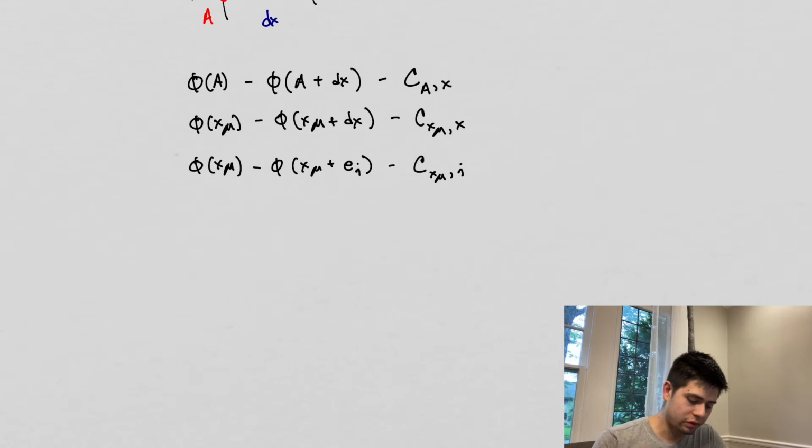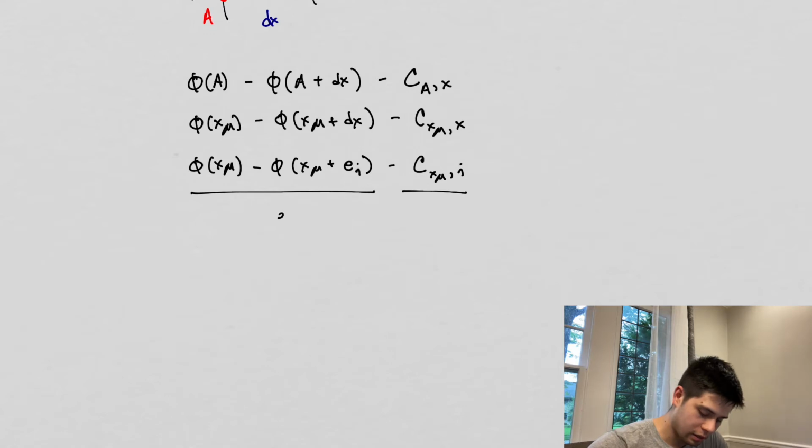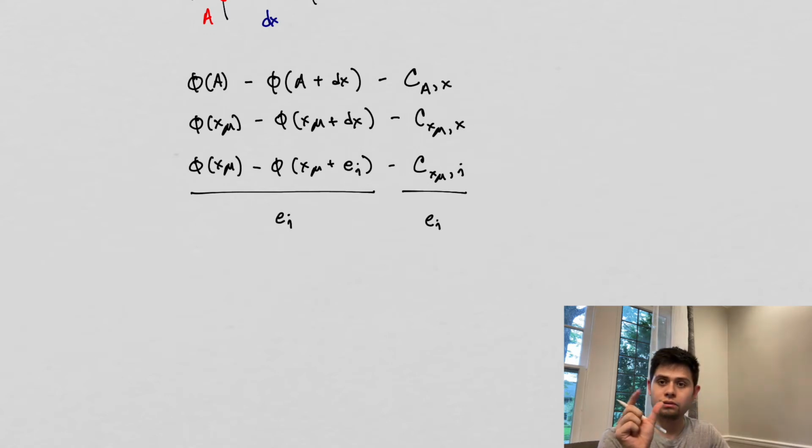But what we're able to see here now is that if we were to divide everything by that small unit vector that we changed, you can then ask the question, what happens as that unit vector gets smaller and smaller and smaller if we were to do this division?